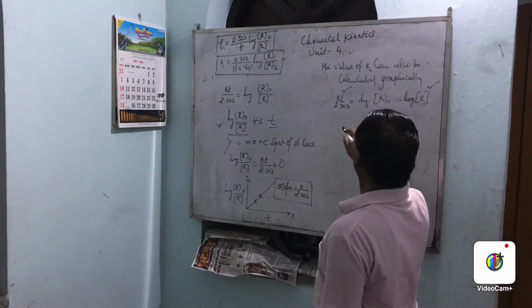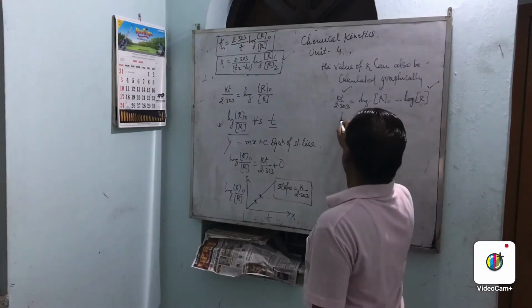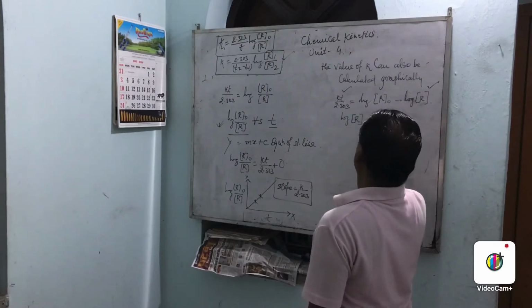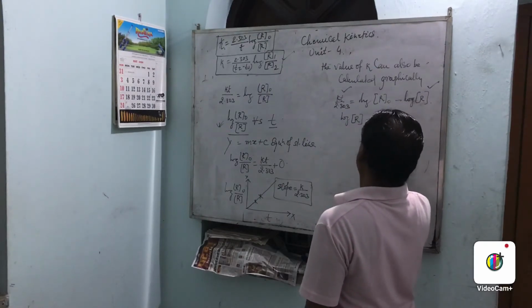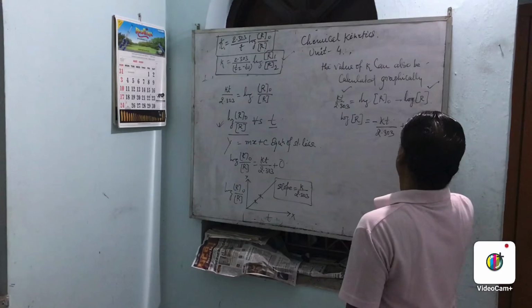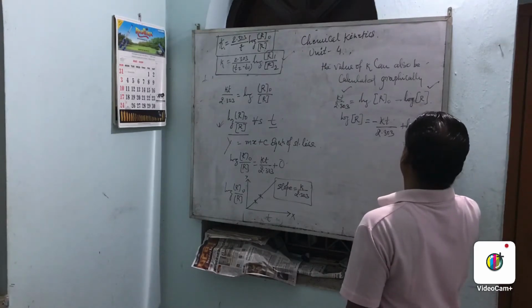So log R is equal to minus kt by 2.303 plus log R naught.